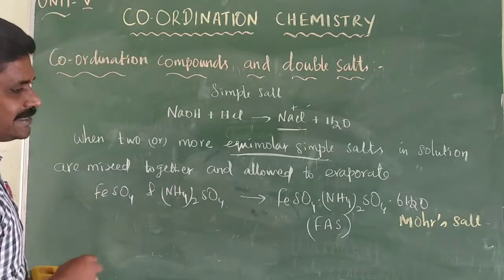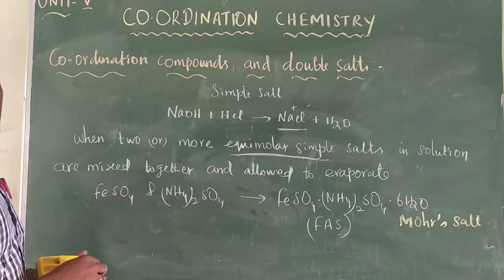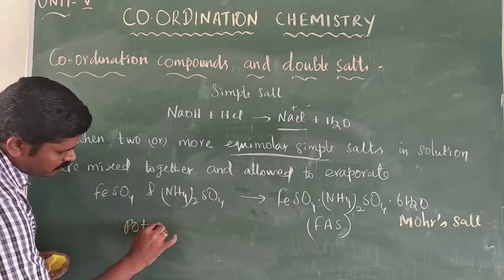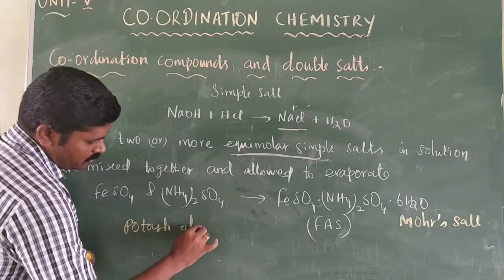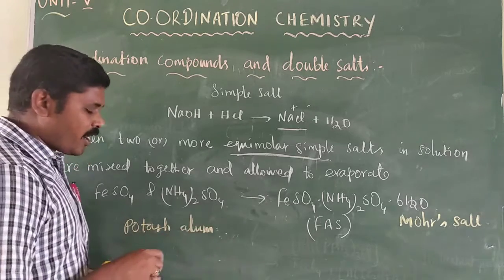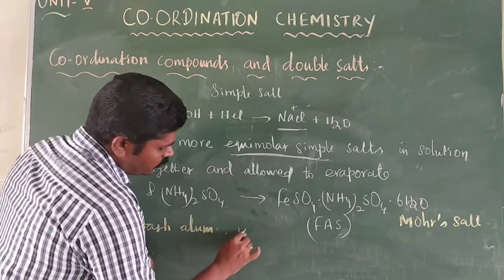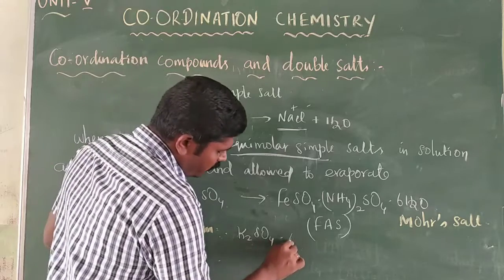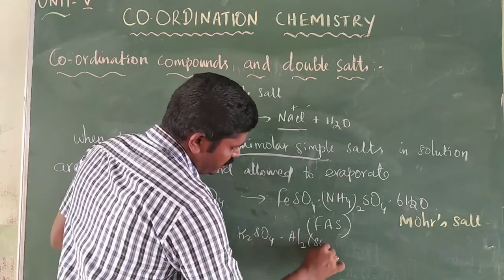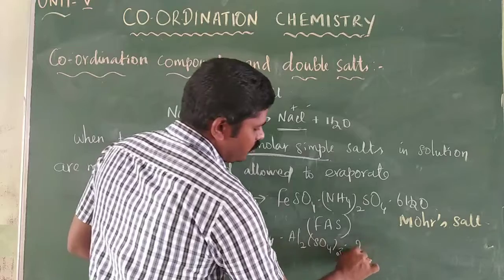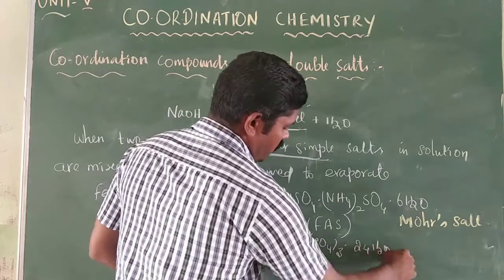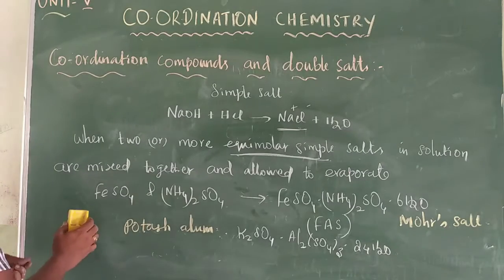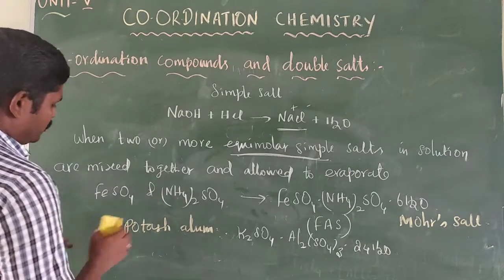Another example, potash alum, is also a double salt: K2SO4·Al2(SO4)3·24H2O. So both are double salts, right? So the next example, coordination compounds. Okay.